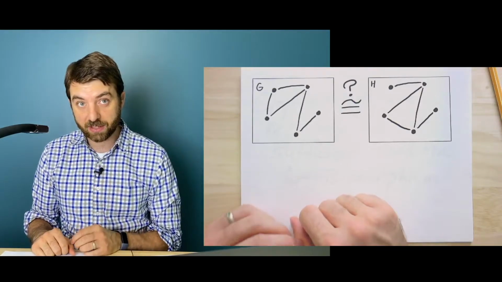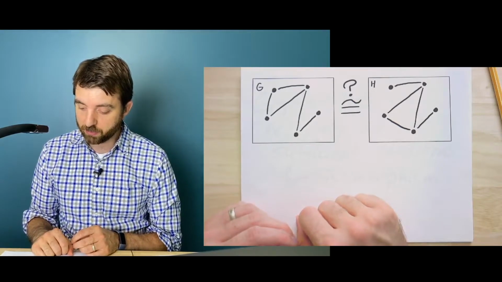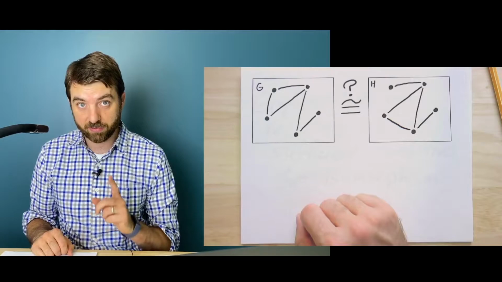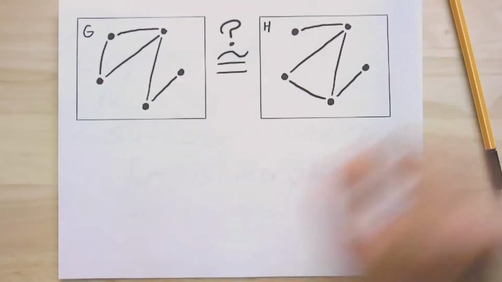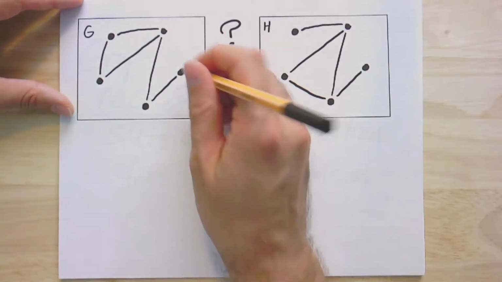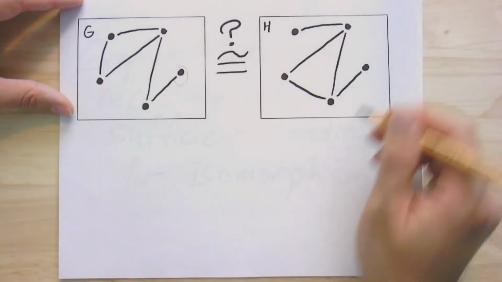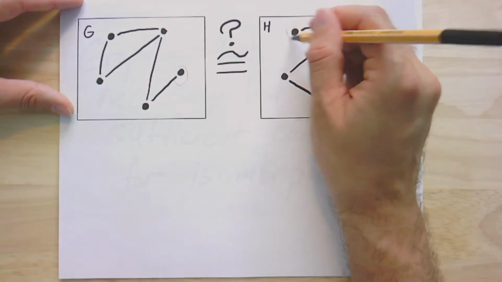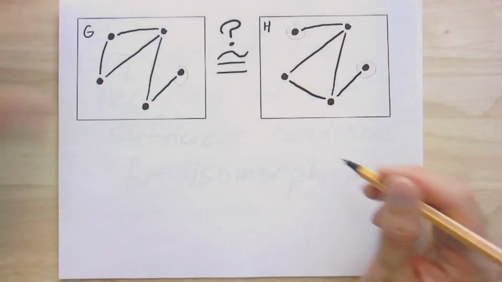I think the answer that most of you would probably come up with is something along the following lines. You probably observe something like, G has only one vertex of degree 1 and H has 2 vertices of degree 1.